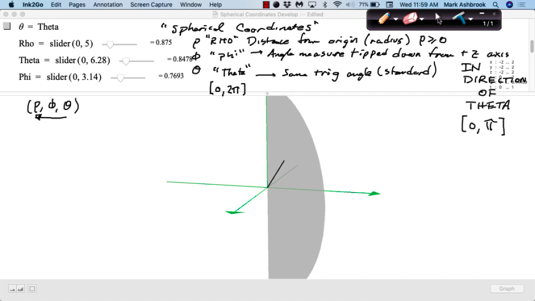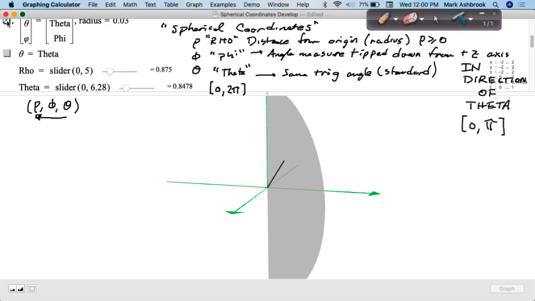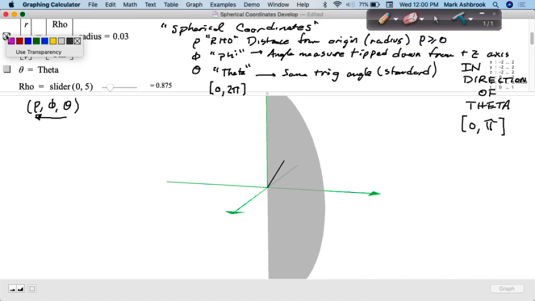So here I'm showing theta as 0.847. That's in the first quadrant. Phi is 0.7693. That puts us in the first octant. And then rho is 0.875. And so for those three coordinates, we get that point right there.